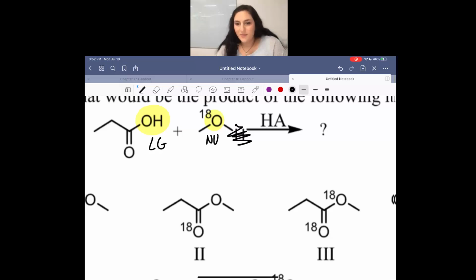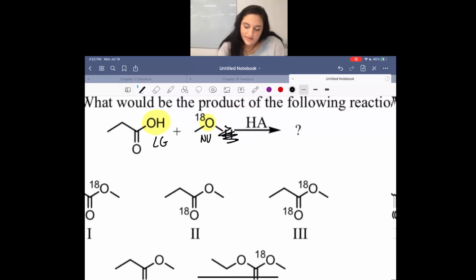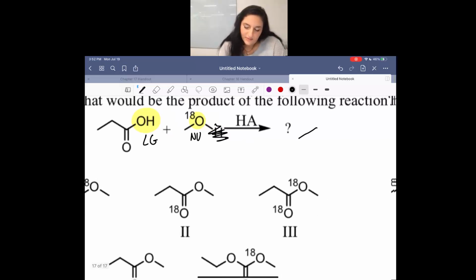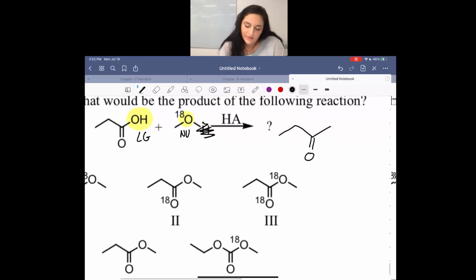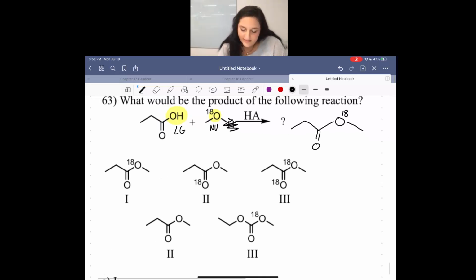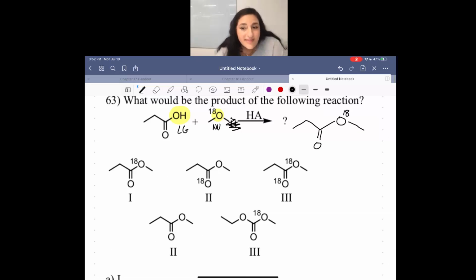So we're essentially redrawing this, except we're replacing the OH with the nucleophile. And the way he tests if you really know what's going on is he puts that little O18. So the O18 is only adding where the nucleophile adds.